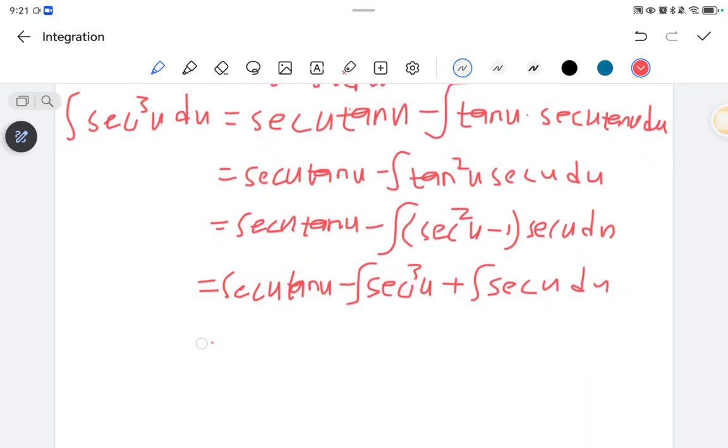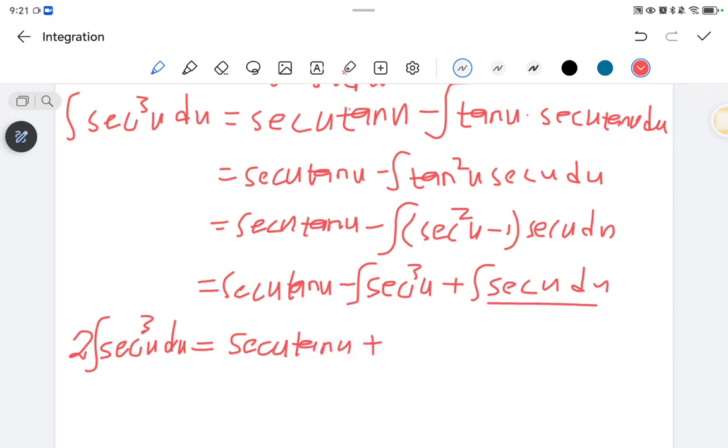And then I can take this to the other side because it is the same as this one, right? So I'm going to have 2 times the integral of sec to the third u du equals sec u tan u plus the integral of this.